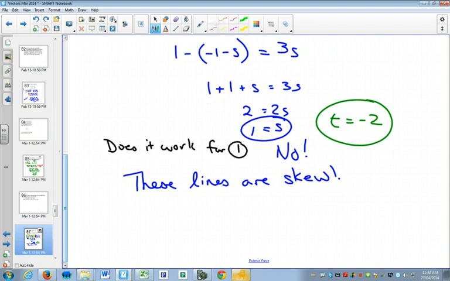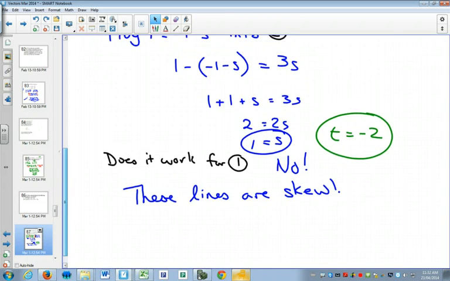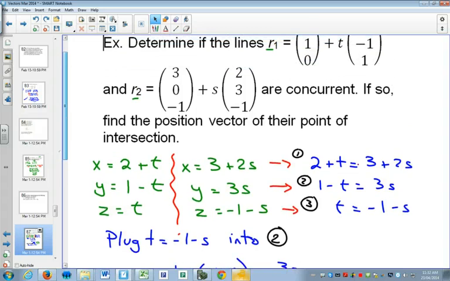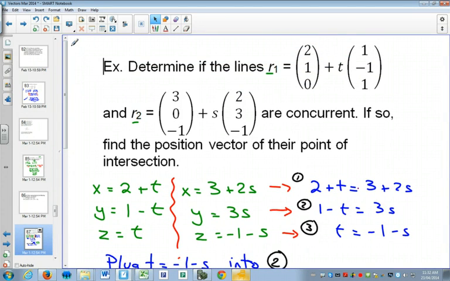Because what we solved for equation 2 and 3, t would have to be negative 2 and s would be 1. But if we actually go back to our original equations and plug those things in, let's plug in 1 for t. If we plug in 1 for t, you're going to get 3, 0, 1. Is that right?